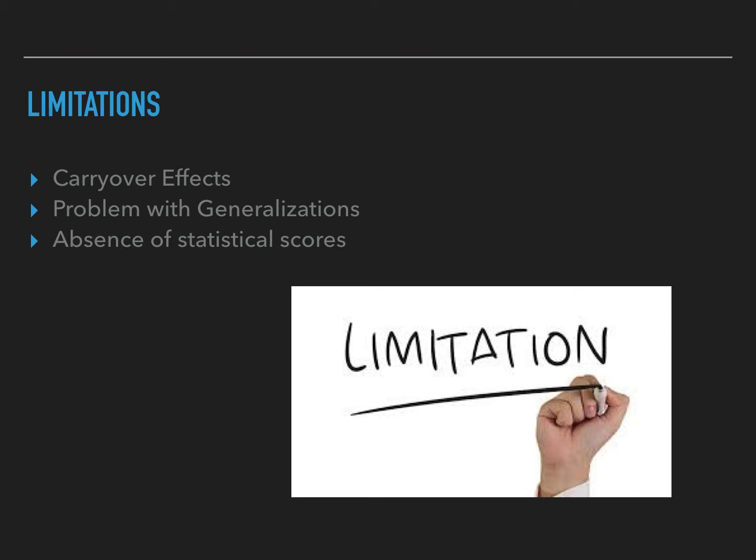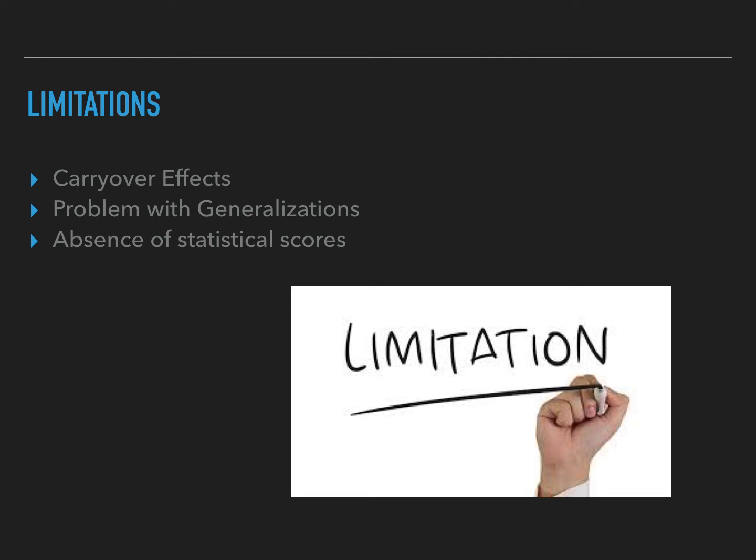The question is whether or not having performed in one condition affects performance in the second condition. Did learning the first list of words interfere with learning the second list? Or did the practice with the first list make it easier to learn the second list? This would result in the carryover effect. The performance on the second list would be affected by the experience of being given the first list.